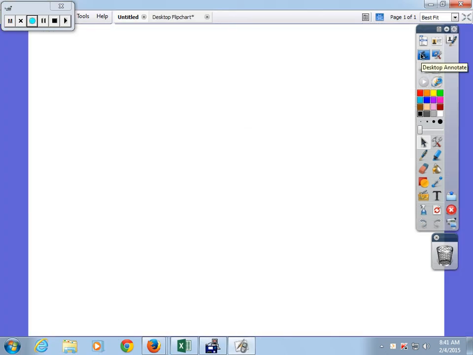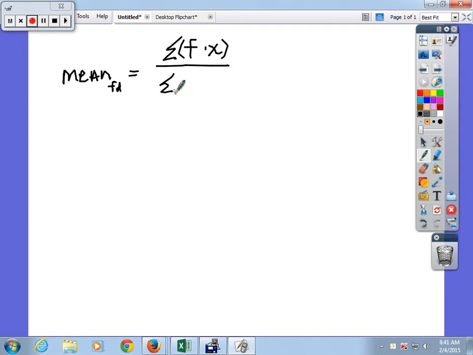Well, I'll just write it out. The mean of a frequency distribution is equal to the summation of f times x over the summation of f, or the summation of f times x over n.